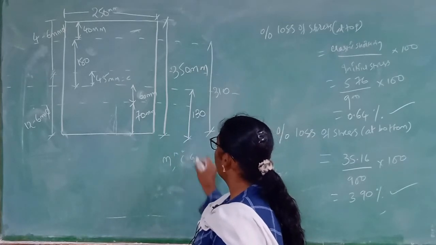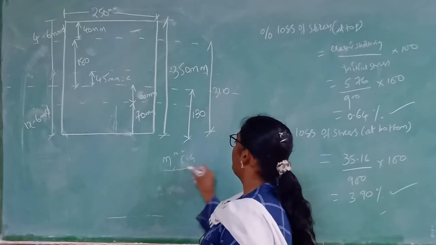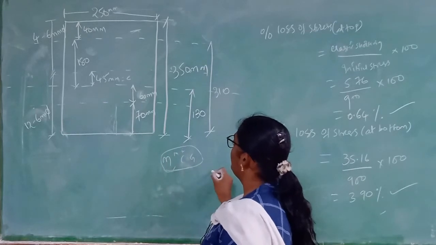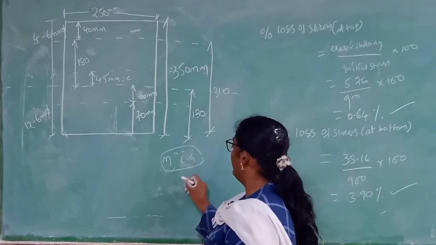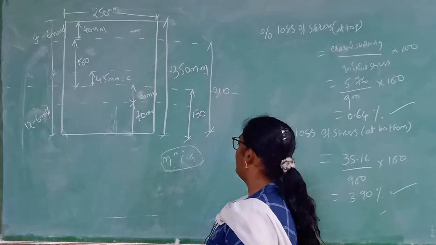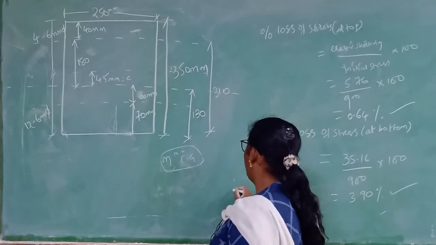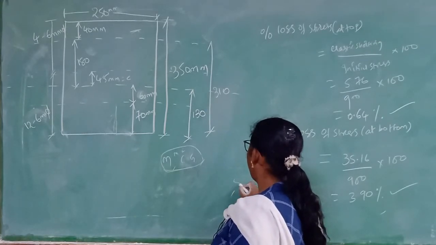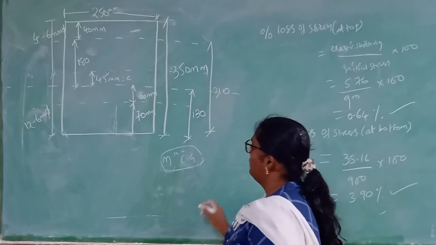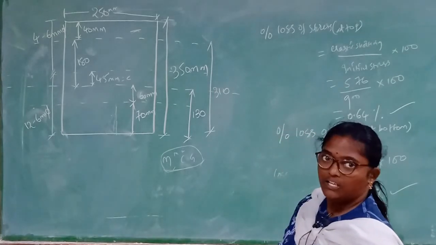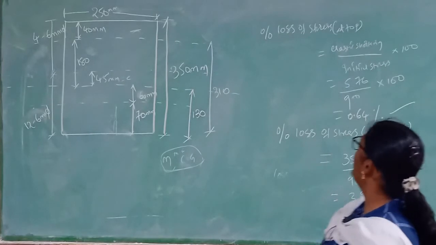Before that we found the moment of inertia. For all this, we need to find the stresses which have developed at the top and the bottom. By that only we can find the losses at top and bottom.